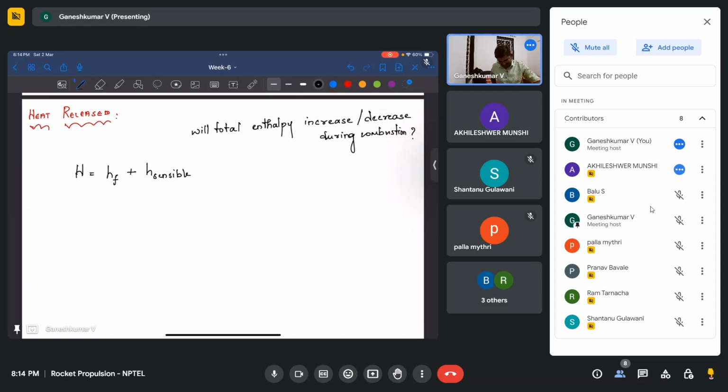It may remain the same. So any other answer? When we say sensible enthalpy, it means the enthalpy associated with the temperature, right?